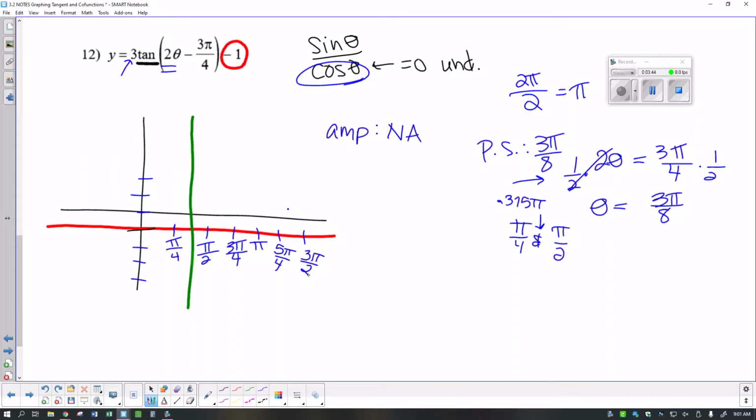So now that I have this, I want to graph my ghost function, which is the cosine one. And again, we're really looking for the values when cosine is 0, because that's where the asymptotes will be. So for our cosine function, we always start up top. And then remember, that's in between our 2 tick marks here and here.